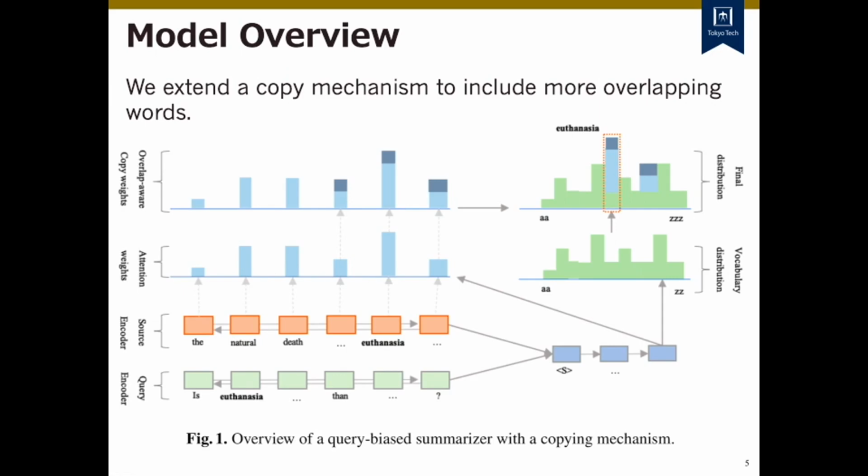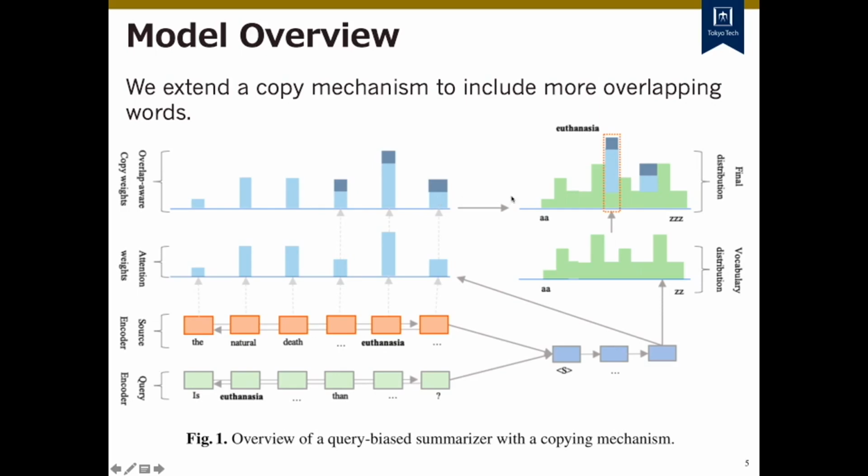And then our overlap-aware copying mechanism gains the attention weights of the overlapping words, and we obtain the modified attention weights here.